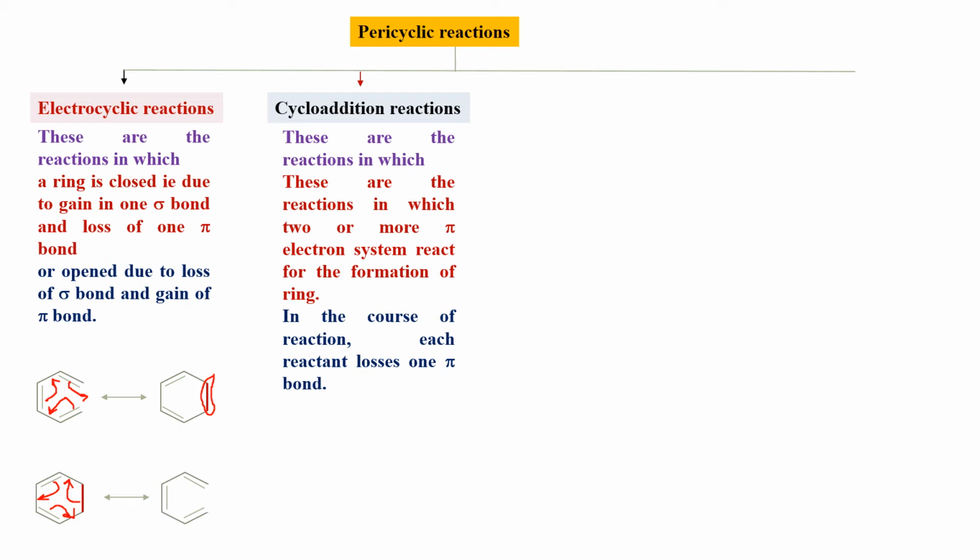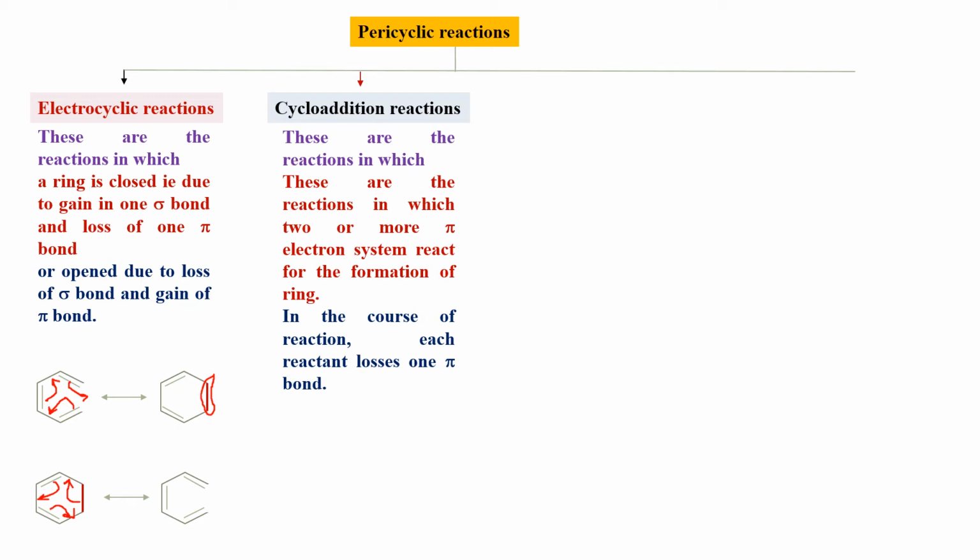We have two reactants, both with pi bonds, they react with each other, and as a result a cyclic compound is obtained. During the course of the reaction, each reactant will lose one pi bond, and these two pi bonds are converted into two sigma bonds.